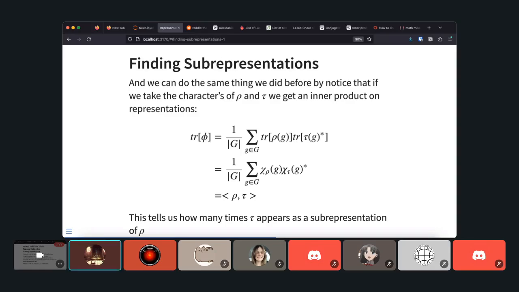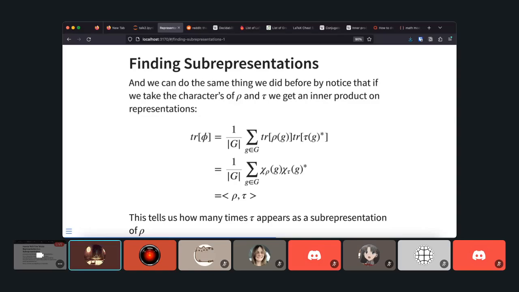Okay, I should be more clear. If one of them is irreducible, the way this comes up is oftentimes you have an irreducible representation and you have a representation where you're pretty sure it's not irreducible, or you're just not sure at all, and you want to check if the irreducible one is in there.